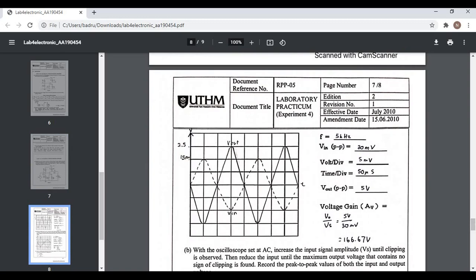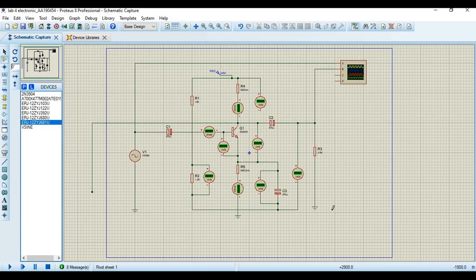So we'll continue with our Proteus. Jadi dekat sini kita tidak perlu menggunakan DC emitter dan AC emitter.